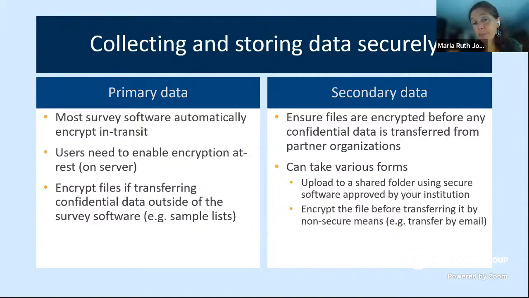So there are two forms there, right? You can encrypt the file yourself, or the partner organization can encrypt it and then transfer it to you by any means, or they can upload the data to a shared folder using some secure software approved by your institution. And what software will work is going to depend on the context.